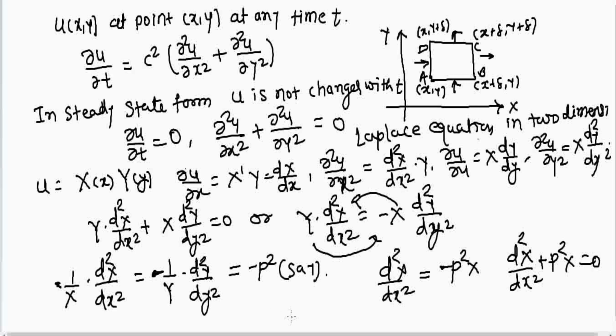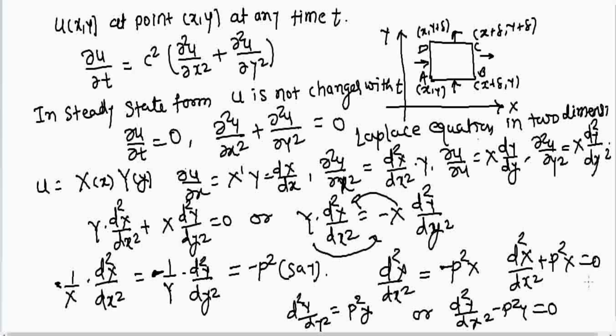And the second equation, d2Y by dy square equal to minus minus, plus p square into Y, or d2Y by dy square minus p square Y equal to 0.